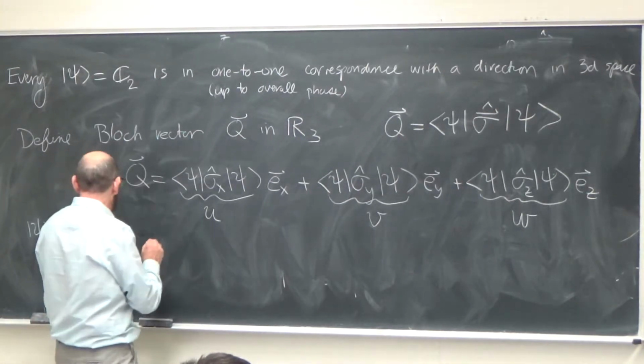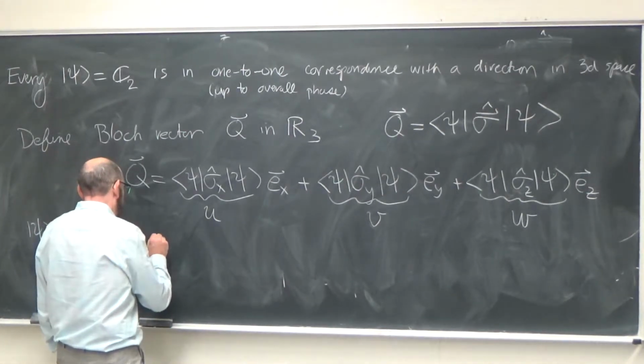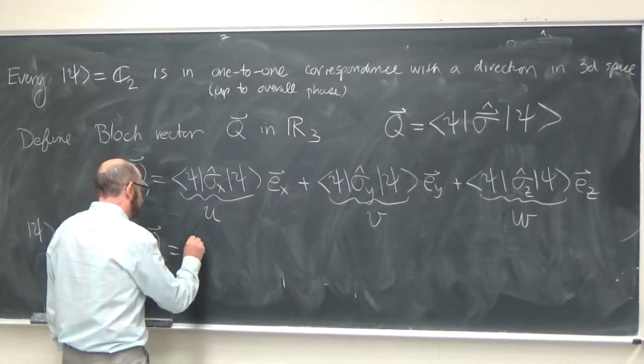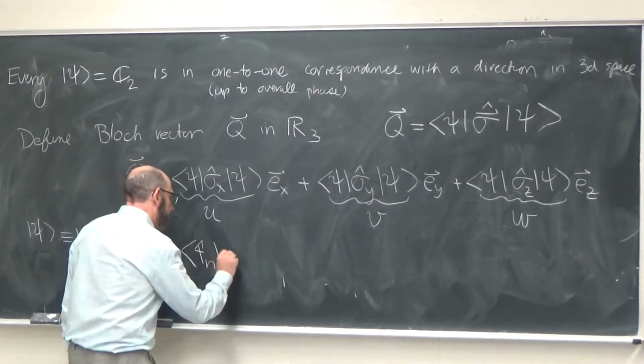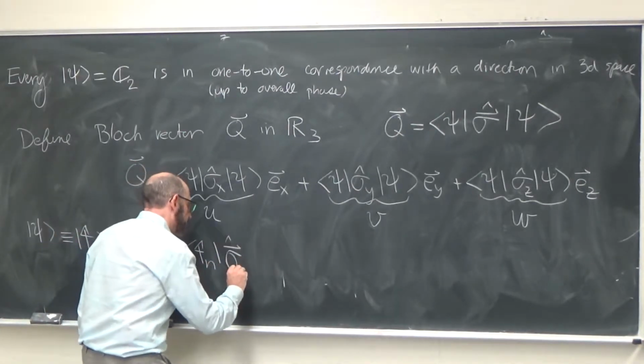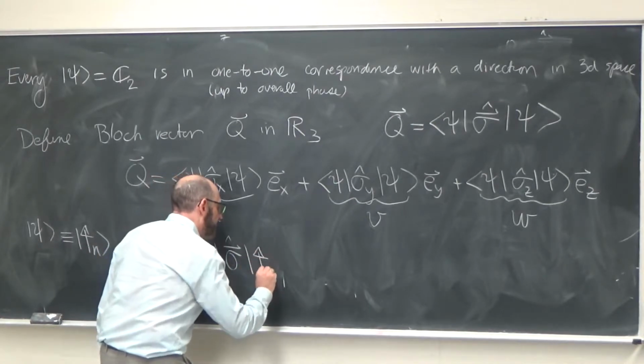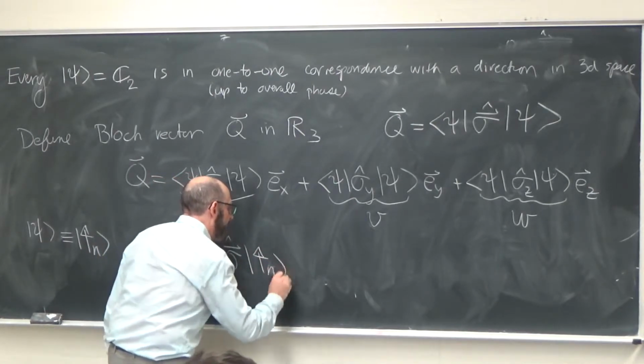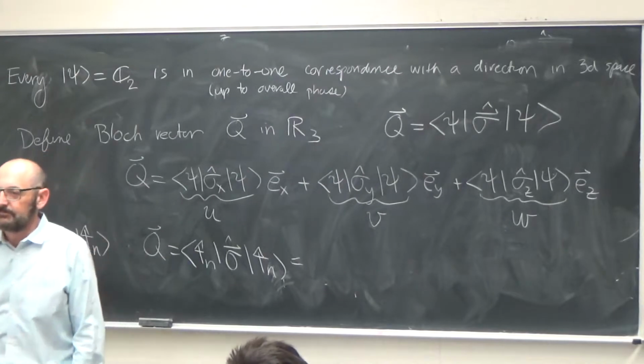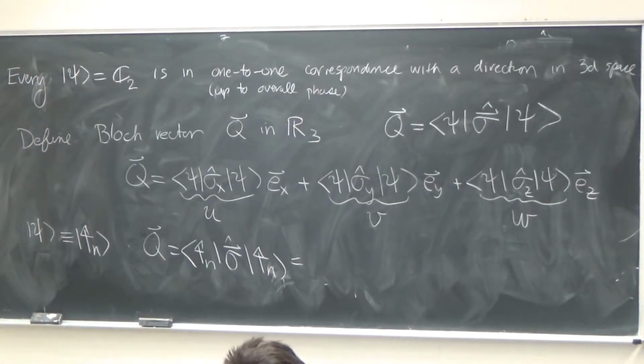So I claim that if I look at the expected value of the Paulis with respect to that state, what do you think I get for that particular state, spin along that direction? What vector is that?